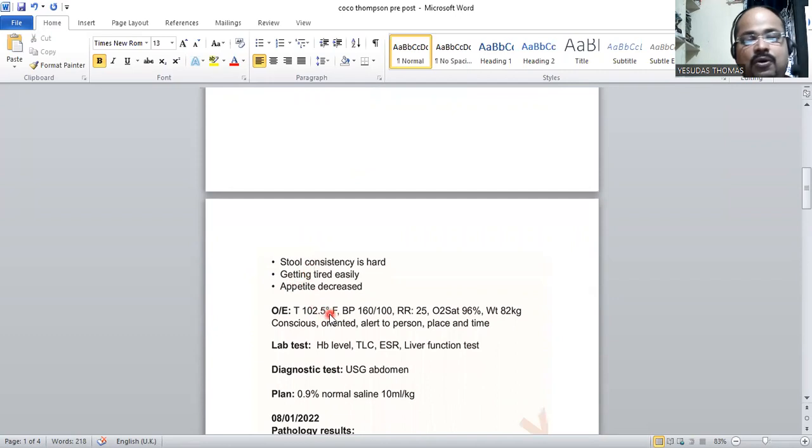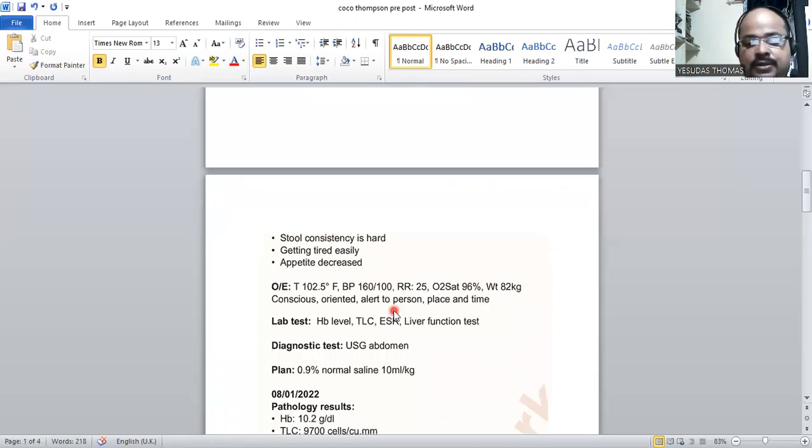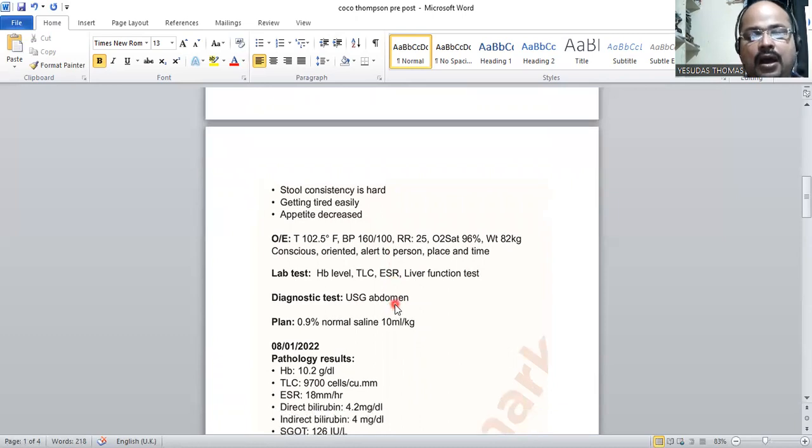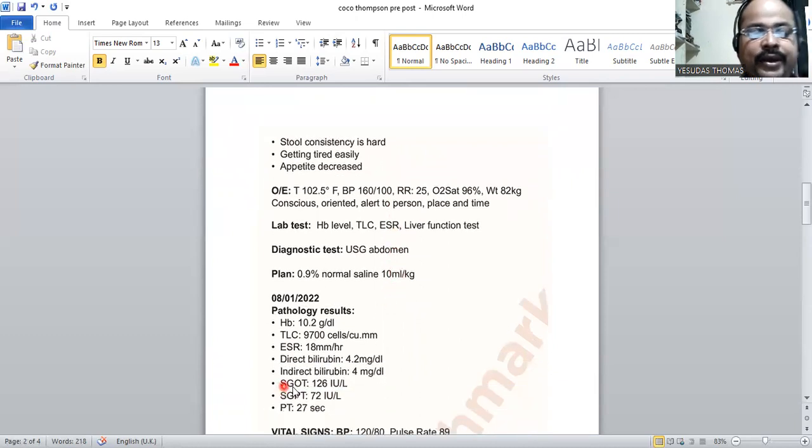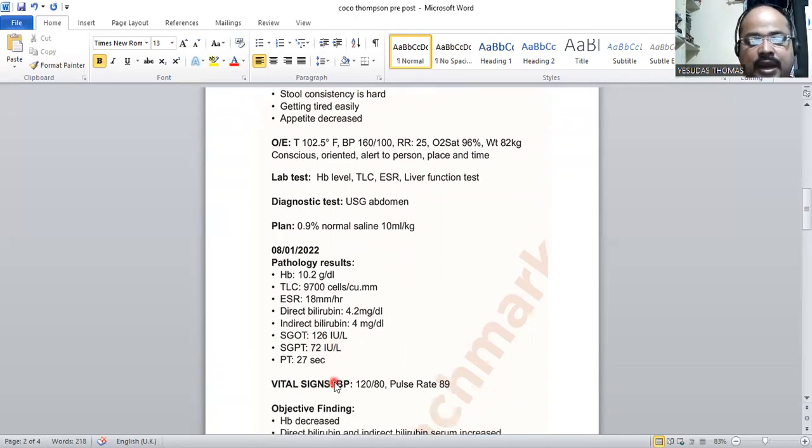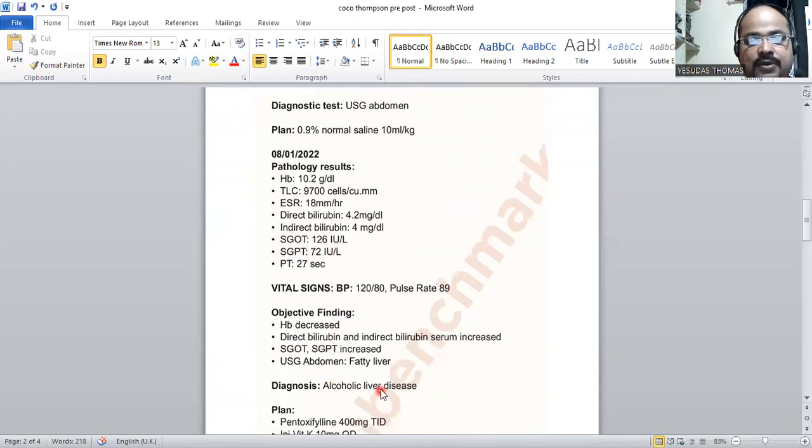I don't need to go ahead with the vitals; I can say the vitals are abnormal. If you want, you can say that blood tests were done, and we have elevated SGOT and SGPT levels. That's something which is determining the diagnosis, that is alcoholic liver disease.